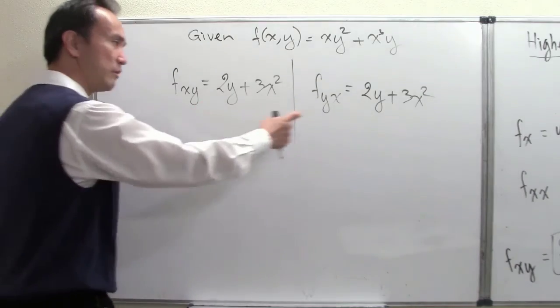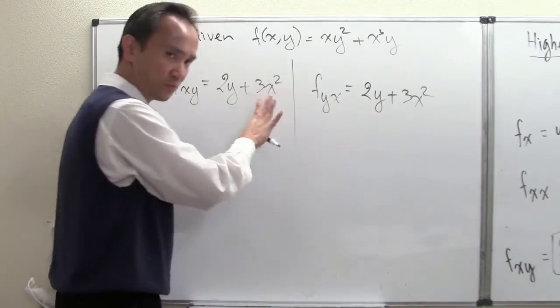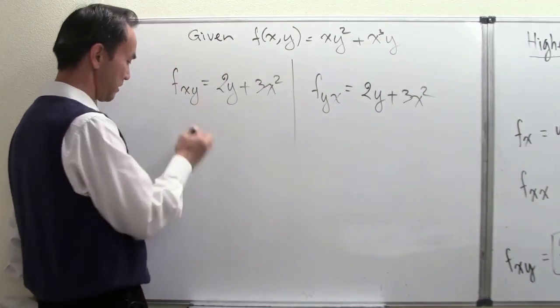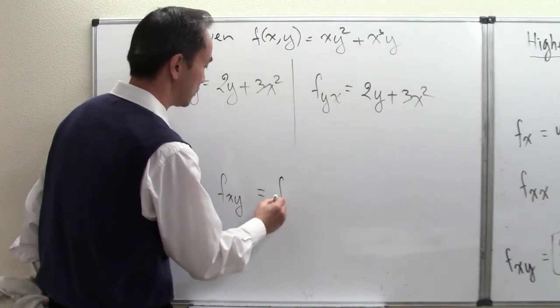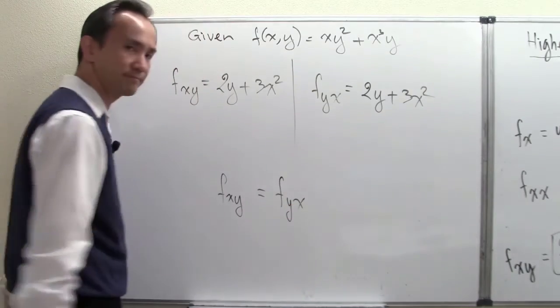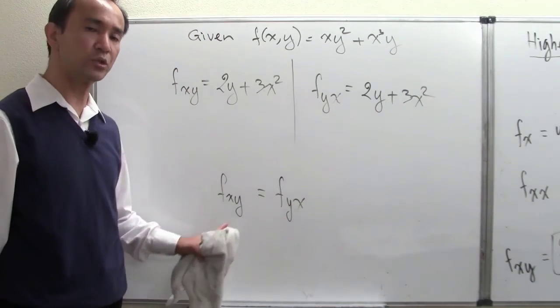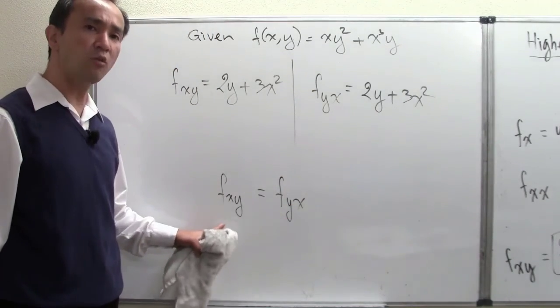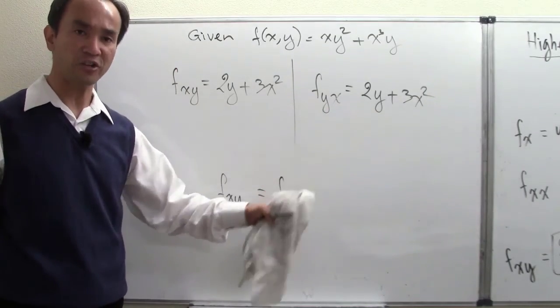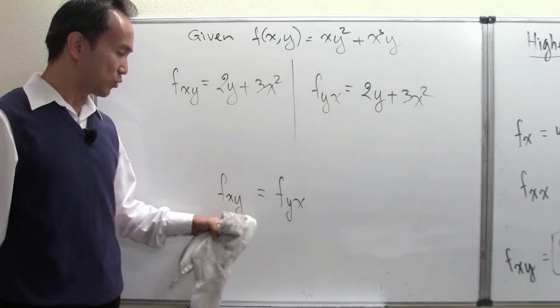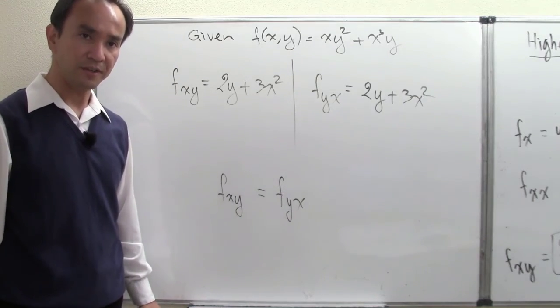But now, what do we realize here as a generality? It's right from this example. Hey, wait a minute. We recognize f_xy is equal to f_yx. And the truth I was about to say is, it's not only true for this example, for this particular problem, it's true for all functions out there. f_xy equals f_yx. Very important to understand.